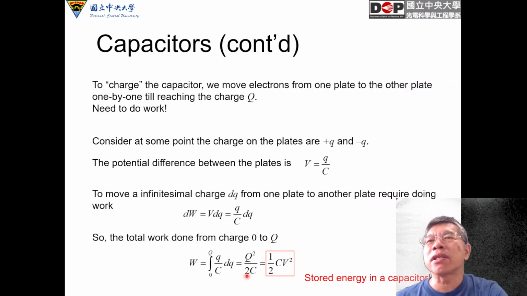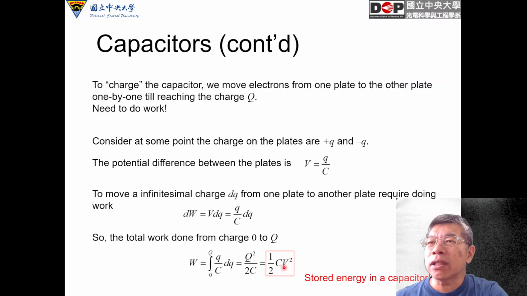Q is not something we want to worry about, because we will use the capacitance to represent Q. So half of the capacitance times V squared is the work we need to do to make the parallel plates have charge Q and negative Q. So it's the energy stored in the capacitor, proportional to the capacitance and also to the square of the potential in between.